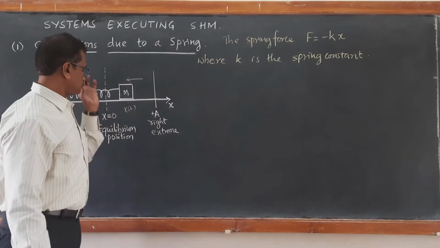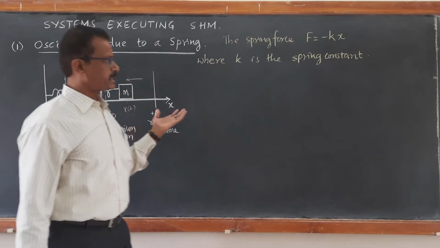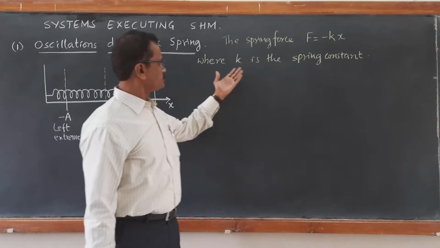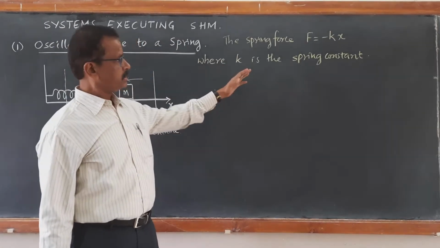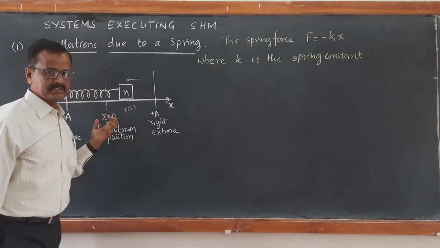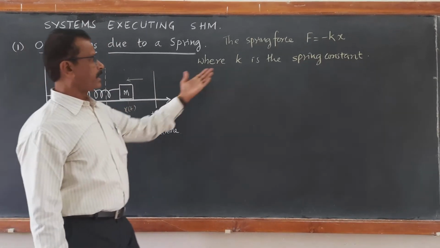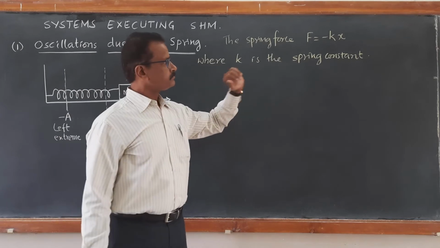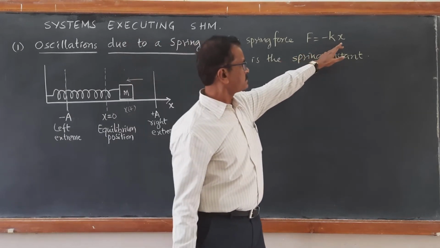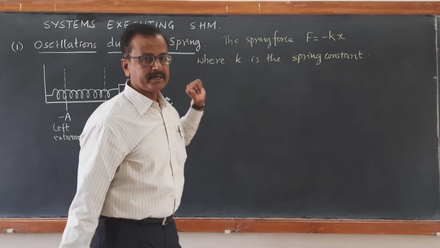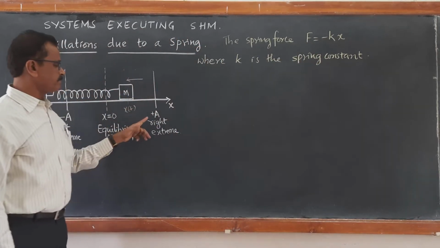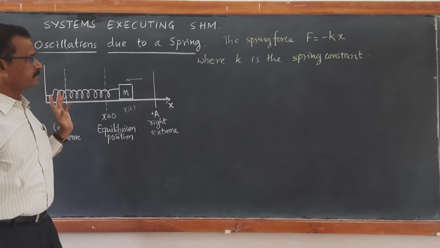For a stiff spring, k takes large values, and for soft springs, the k value is lower. And here x is the displacement. The x value is time dependent, varying between plus A and minus A.